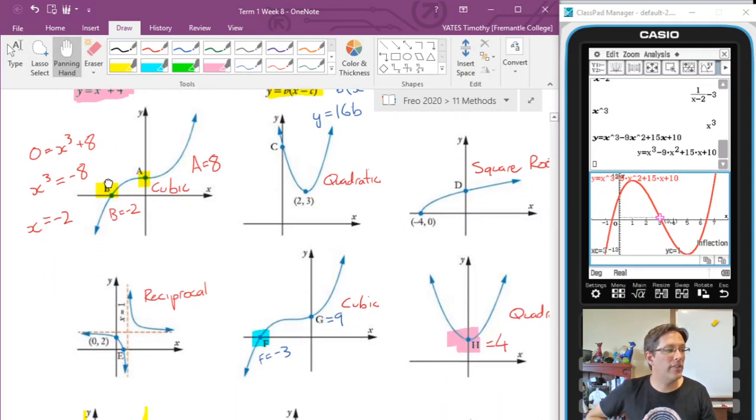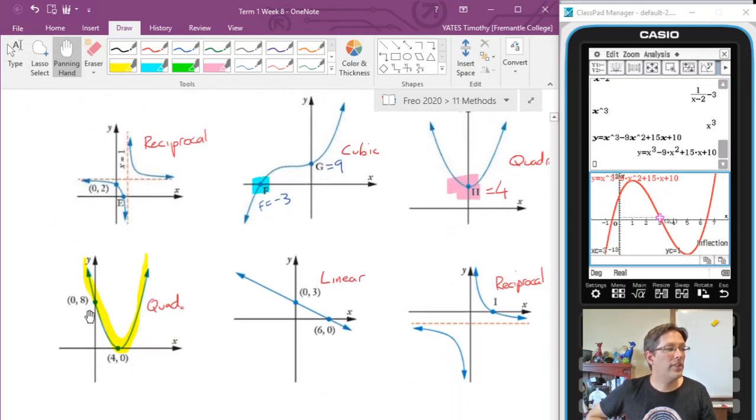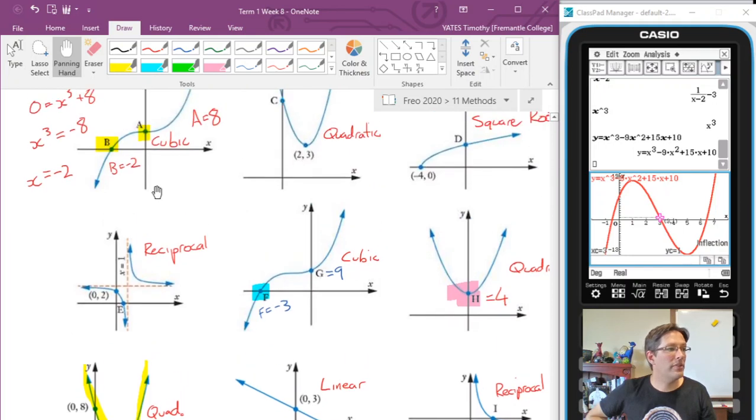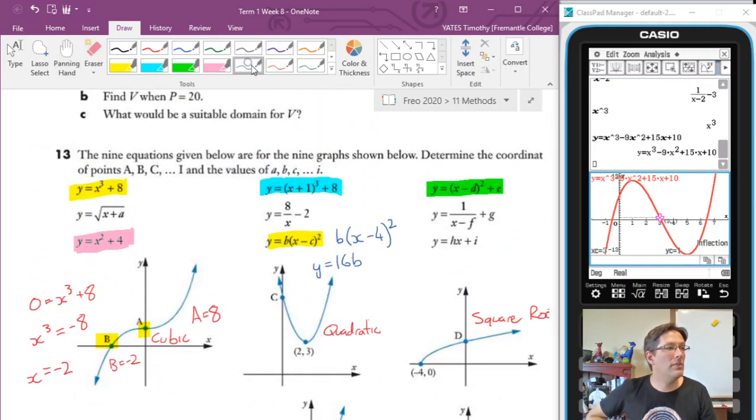What is the y-intercept? The y-intercept is 8. So what's happened here is it's actually being multiplied by a half, or divided by 2. So b is going to be a half because it's been reduced in size, it's been cut down.